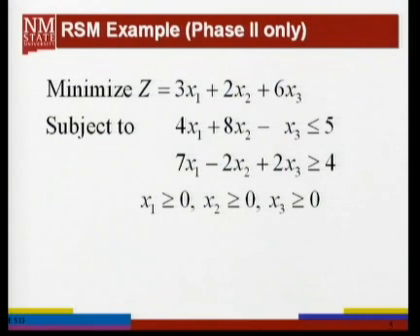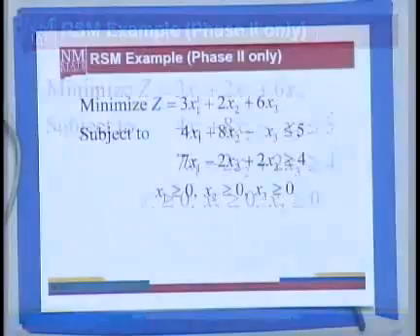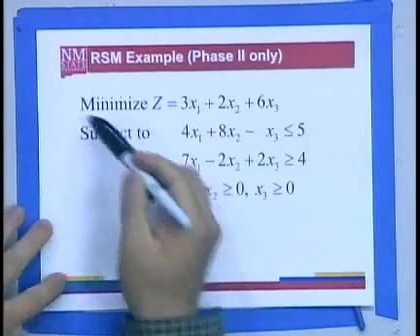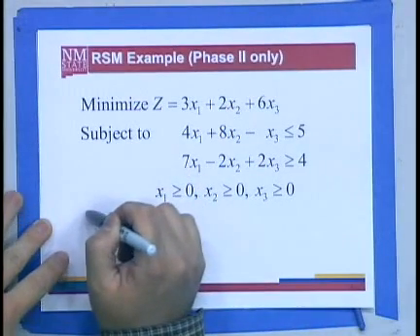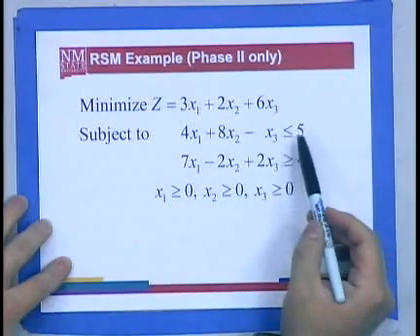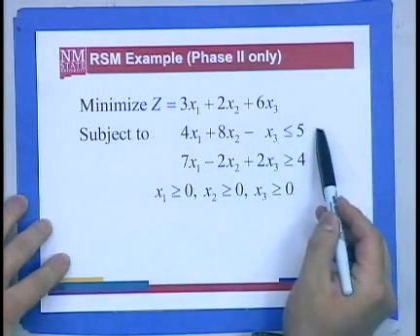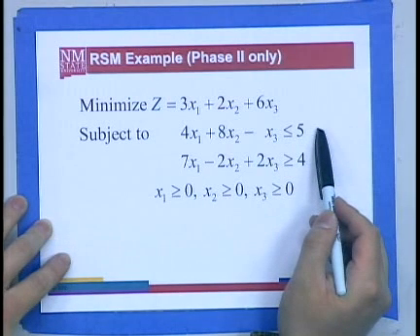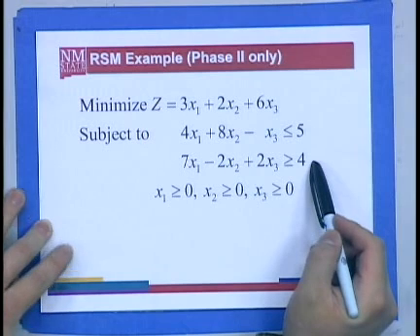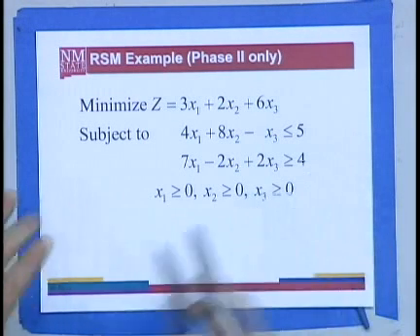Okay, so in this minimization problem, first of all, we need to standardize this given problem, right? So we need to introduce slack variable, let's say x4 for the first constraint, and surplus variable for the second constraint, let's say x5. Okay?